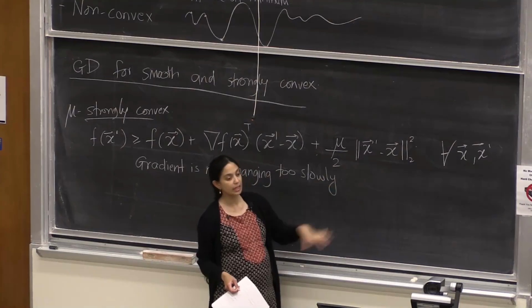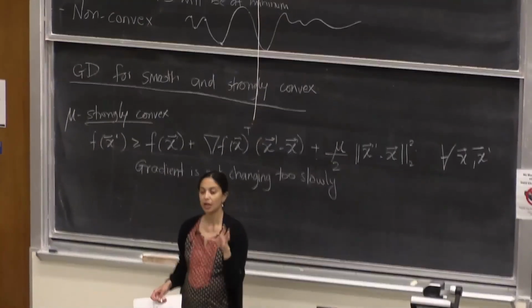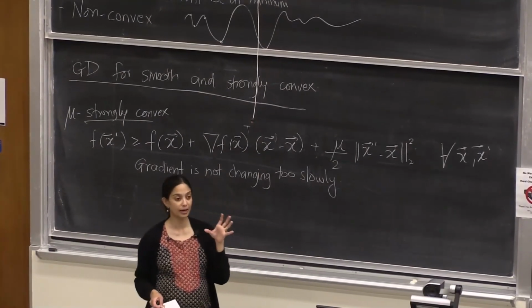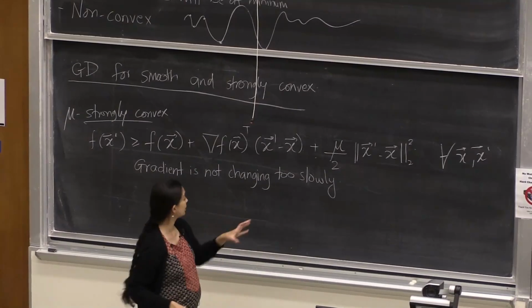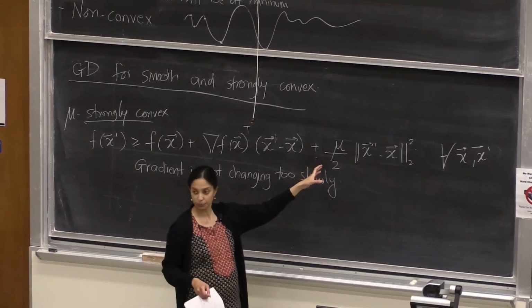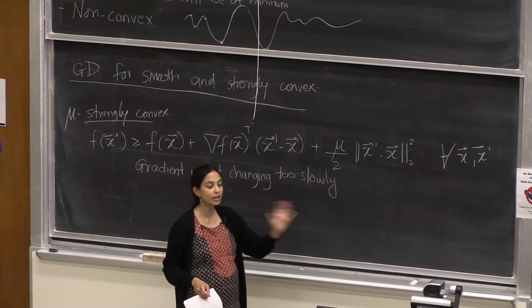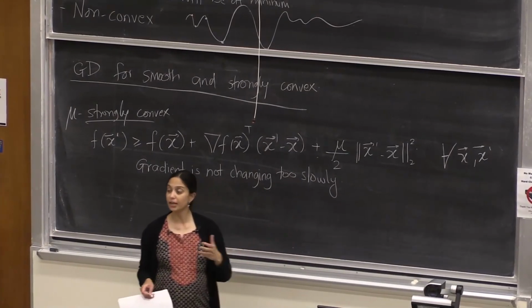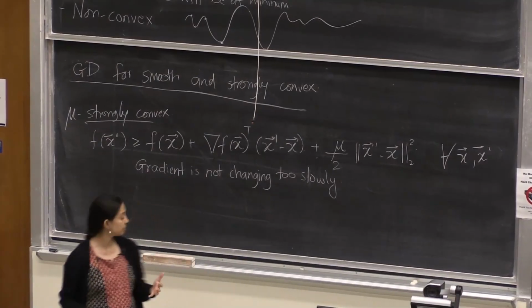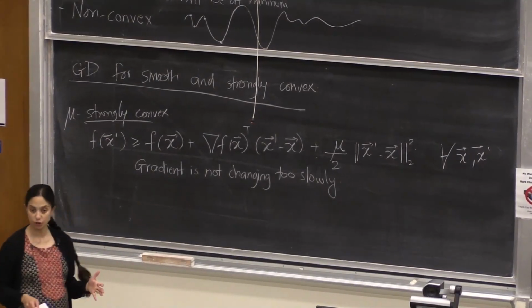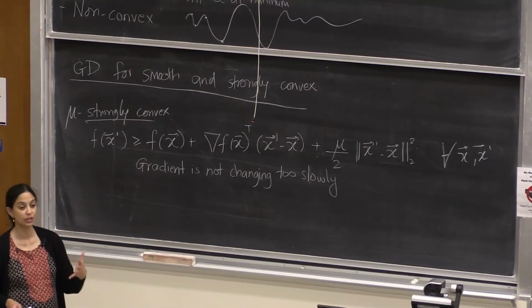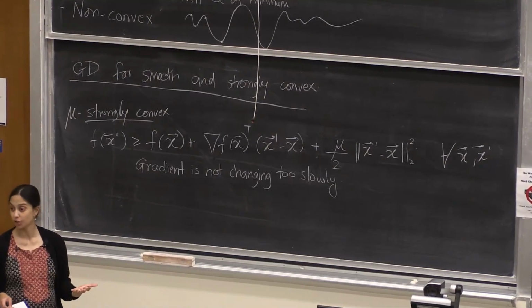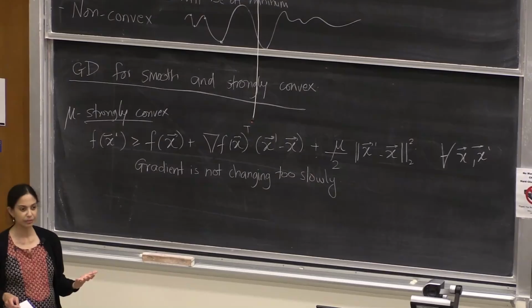So this is saying that if I look at the eigenvalues of that Hessian, I want them all to be greater than or equal to mu. I want the eigenvalues of that Hessian to be largish. And by saying those eigenvalues are largish, I'm saying the gradient is not changing too slowly, because the Hessian is what tells me how fast my gradient is changing. Does everyone see that?